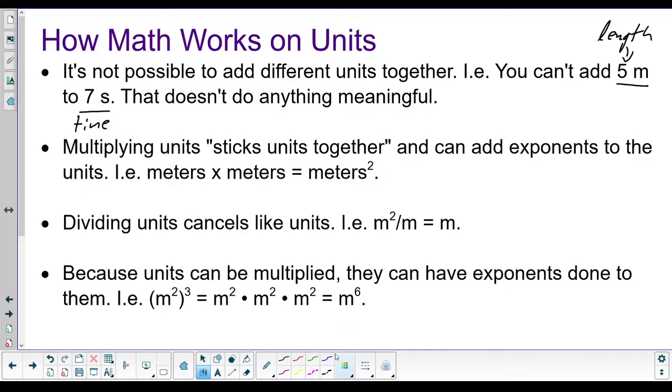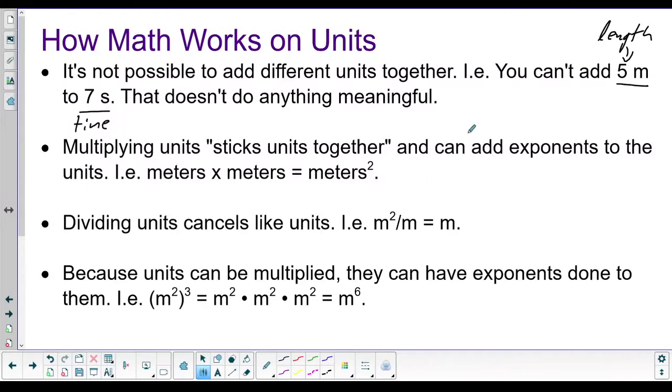You can, however, multiply them together. If we multiply two units together, and this is in quotes because it's not a nice term, this is not good math, right? It sticks units together, and you can add exponents to units, etc. So if you have a meter times a meter, you're going to get meters squared.